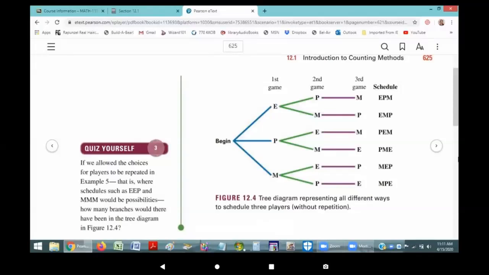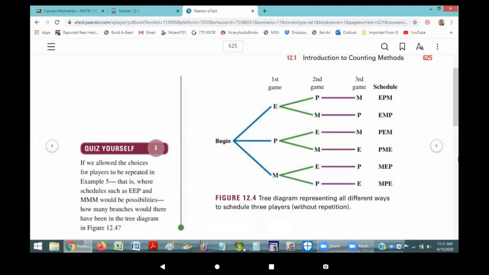In Quiz Yourself 3, if we allowed the choices for players to be repeated in example 5, then we would have a different looking tree. They've given a tree diagram for no repetition. So our 12.4 figure for example 5 is a tree diagram representing all different ways to schedule 3 players without repetition.